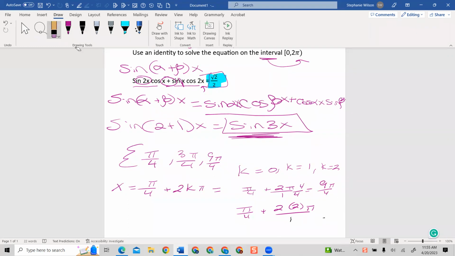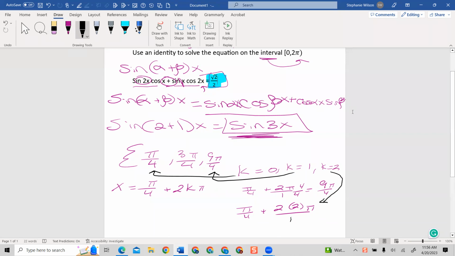Let's backtrack just a little bit. I need to clean my mess up. Let's clean this up just a little bit. So we know that k equals 0 gave me this. k equals 1 gives me this. Okay, and that's for pi fourths. Now we're plugging in k equals 2 right here.